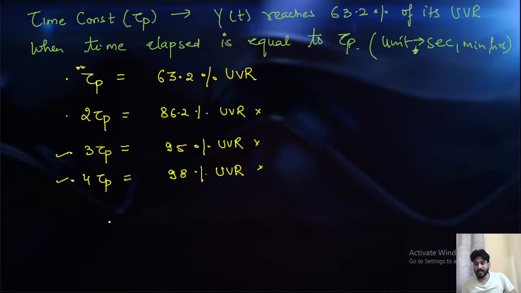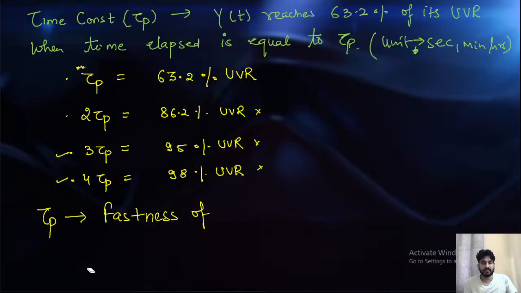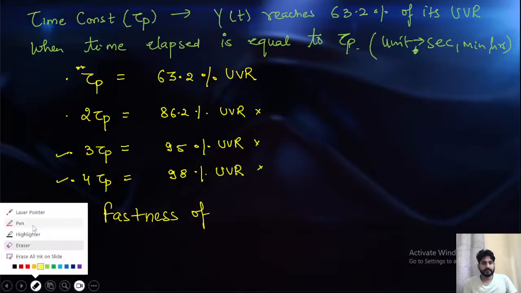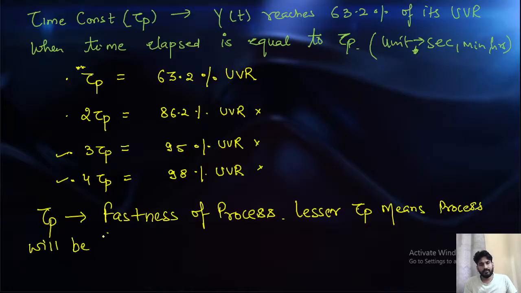So tau p is a parameter that gives you information about the fastness of the system, or the fastness of the process. Lesser tau p means the process will be fast.